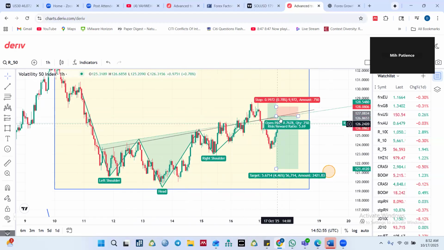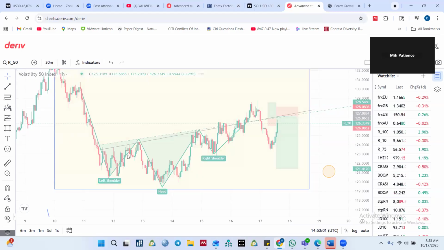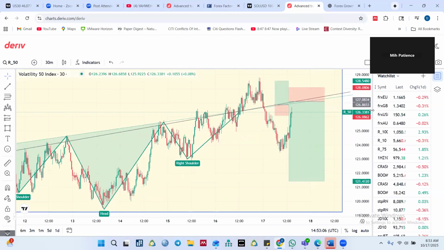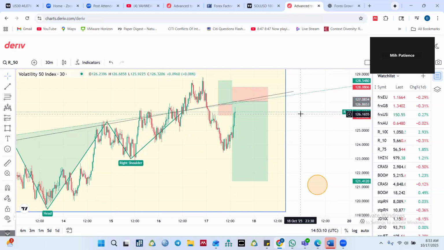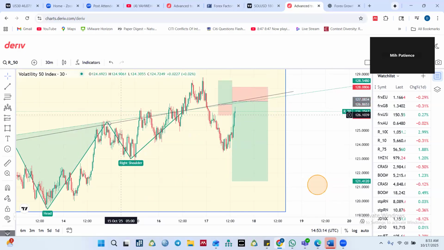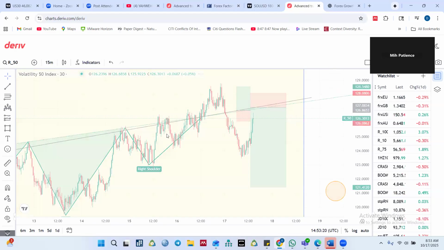But if it hit here, we are already seeing some rejections. Let me go to the lower time frame, 30 minutes. We can see that it already hit this area, and we have seen rejection. Let me go to 15 minutes.